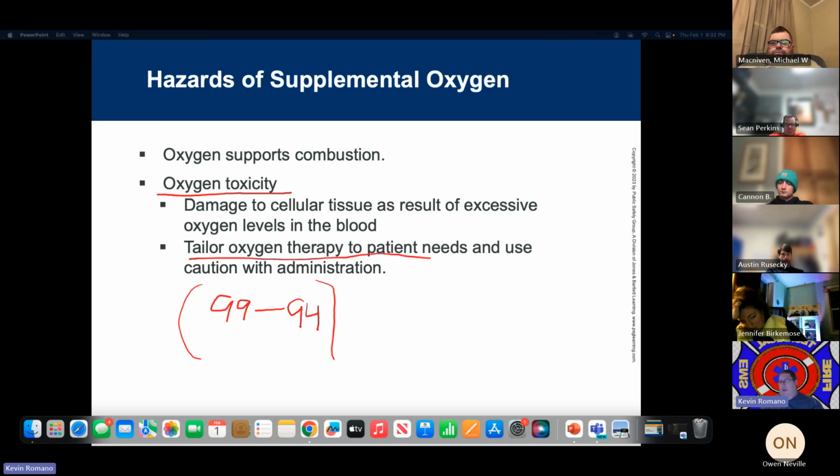Tailor the oxygen therapy to the patient's needs. What do they need, right, for that? Right, if they're sitting at 94%, put them on nasal cannula at 2 liters a minute, and if they need to go up a little bit higher, if they're short of breath. Right, if they're sitting at 60%, then we need a non-rebreather, maybe CPAP. It depends again on your clinical presentation.